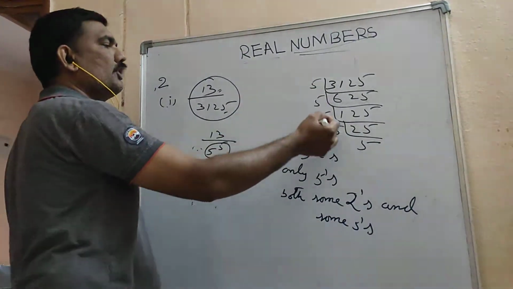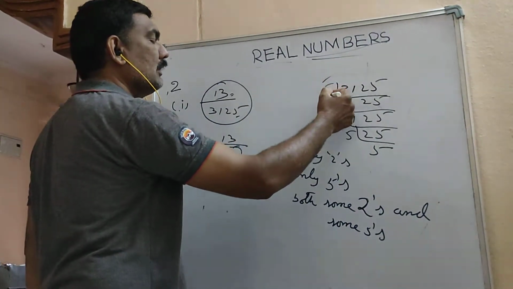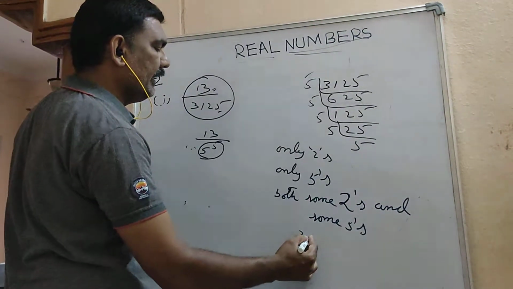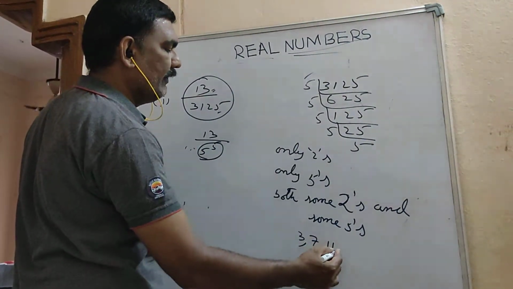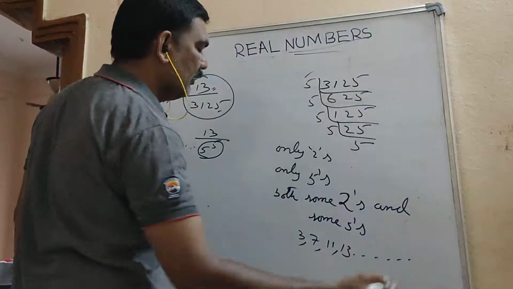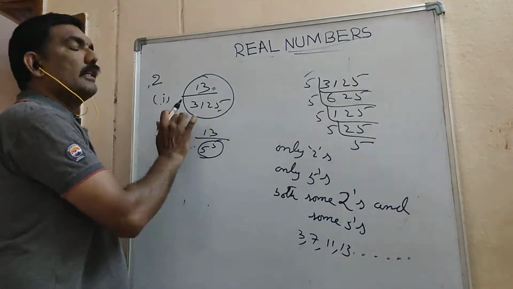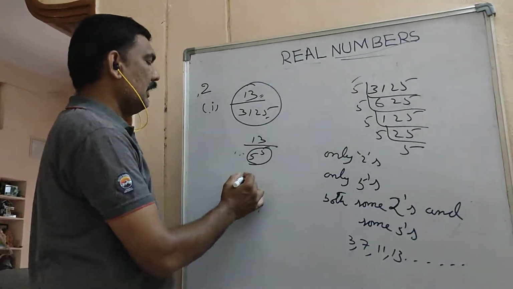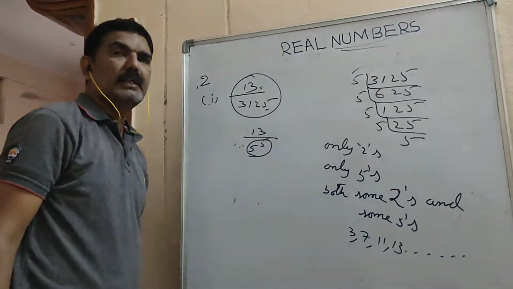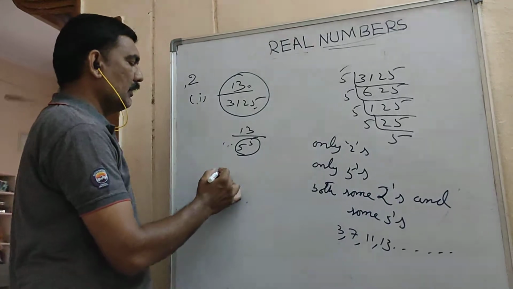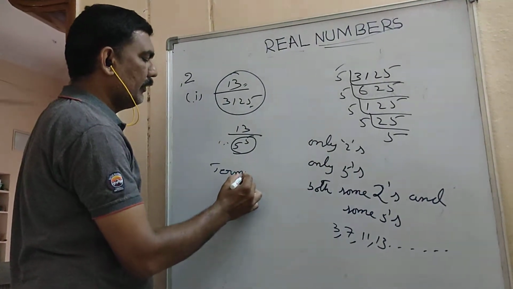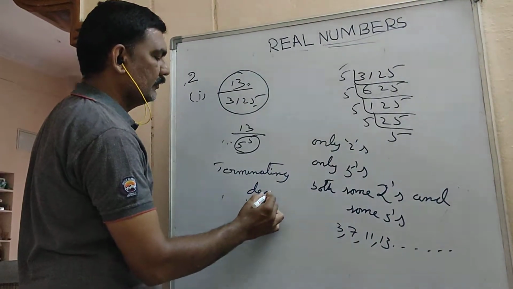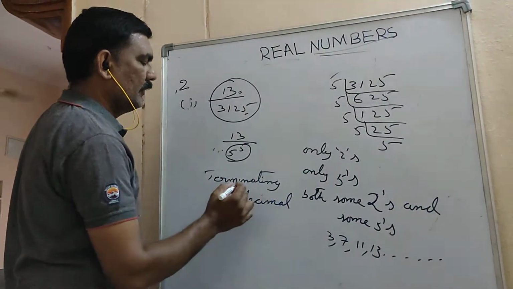In the prime factorization, if you get any number other than 2 and 5, like 3, 7, 11, 13, etc., then it is a non-terminating decimal. Now, 13 by 5 to the power of 5 is a terminating decimal.